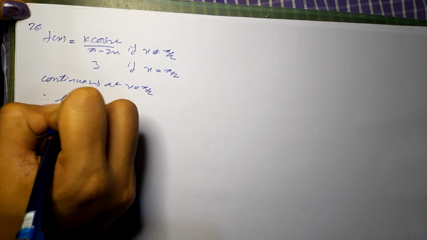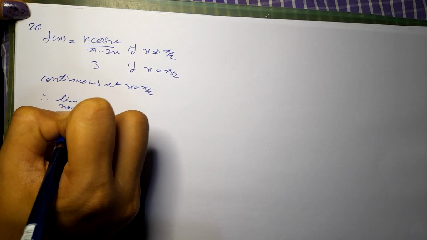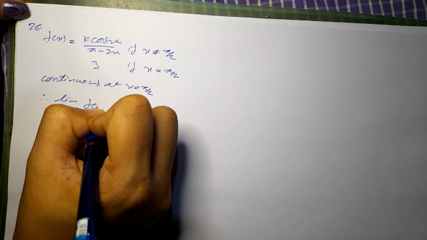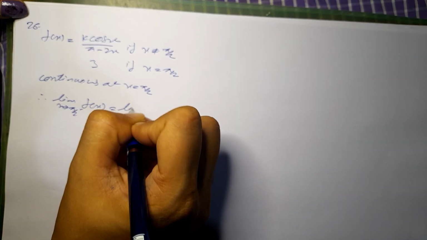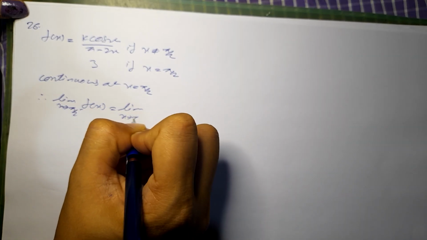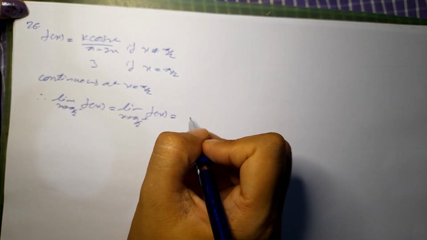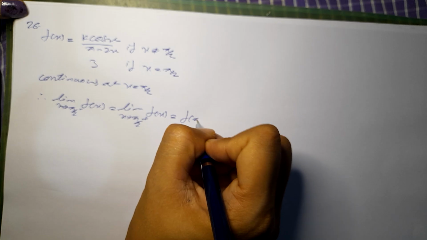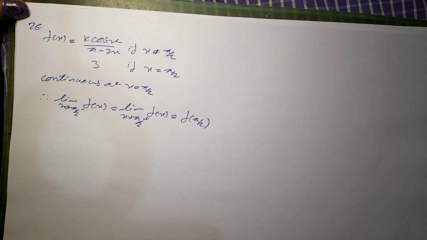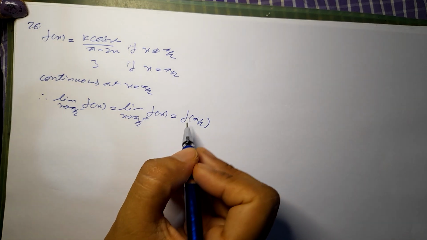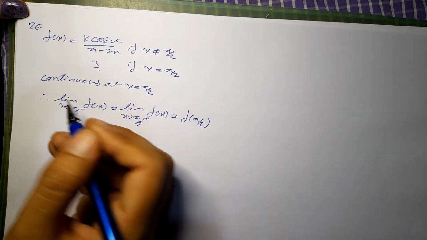Therefore, limit x tends to pi by 2 minus f of x is equal to limit x tends to pi by 2 plus f of x is equal to f of pi by 2. So let's find the left hand limit. f of pi by 2 is 3.